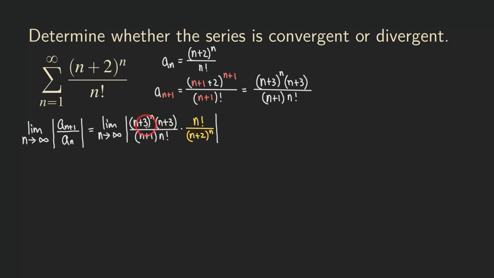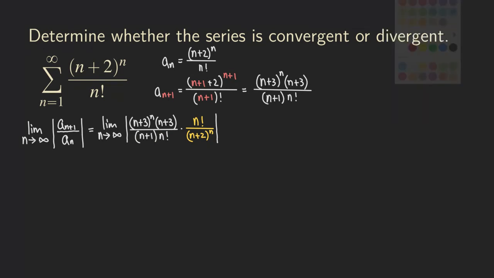Since all the factors are positive, in the next step we can remove this pair of absolute value symbols. We don't need them anymore. And as you can see, we can cancel out this n factorial and this n factorial.